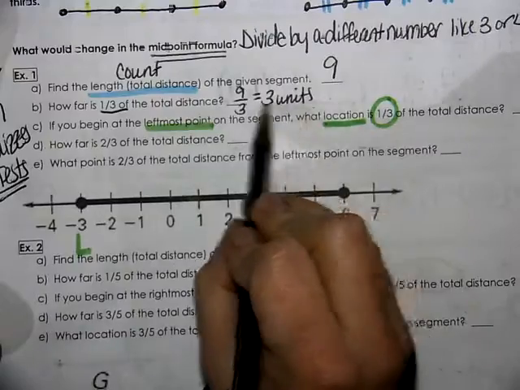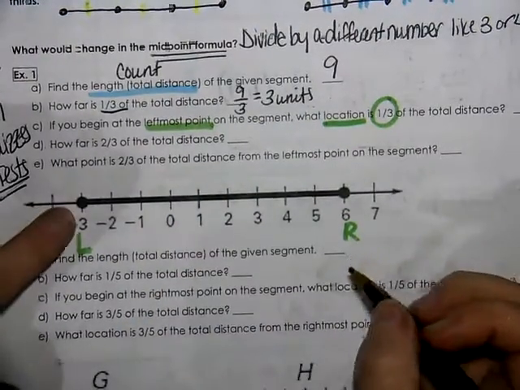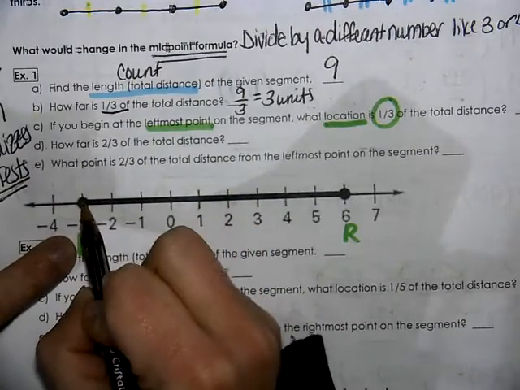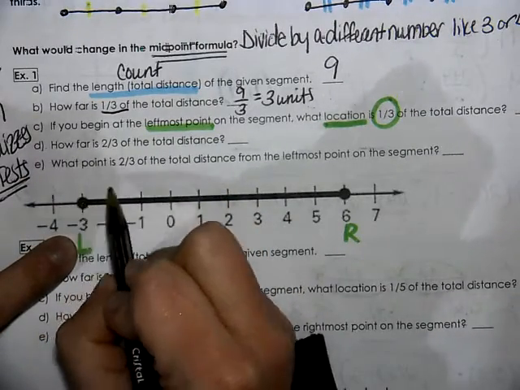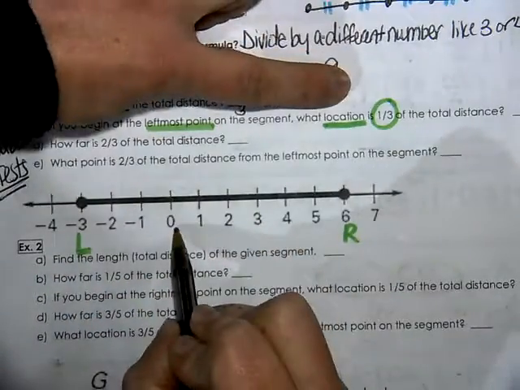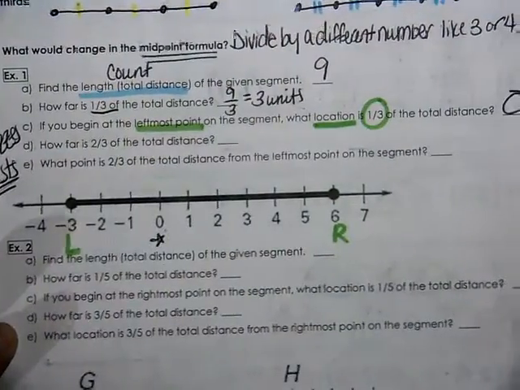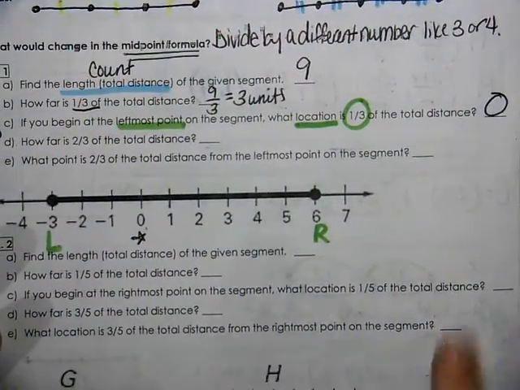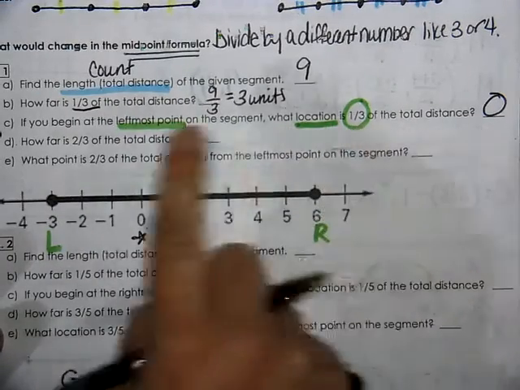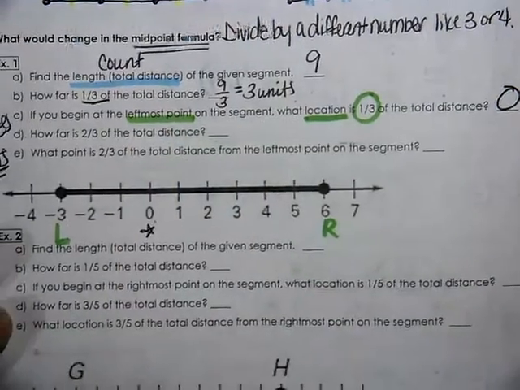So I know that I have to travel 3 units because that represents 1/3 of the total distance. So I'm going to start at -3 because that's my leftmost point, and I'm going to travel 3 units. 1, 2, 3. And the location I land at is 0. So that's my location, 0. The location of 0 is 1/3 of the total distance starting at the leftmost point.